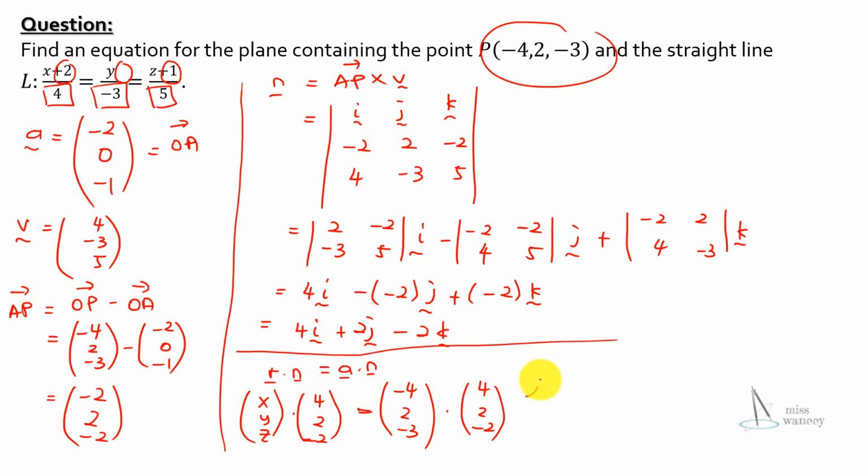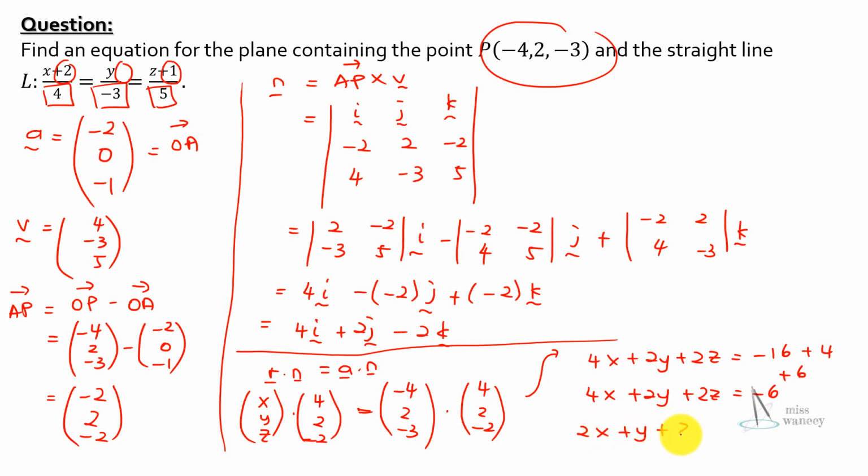So what we are going to get is 4x plus 2y plus 2z equal to -4 times 4, -16, plus 4, and then plus 6. So this is -6. So we have 4x plus 2y plus 2z equal to -6, and of course you can easily simplify them. So it's gonna be 2x plus y plus z equal to -3.